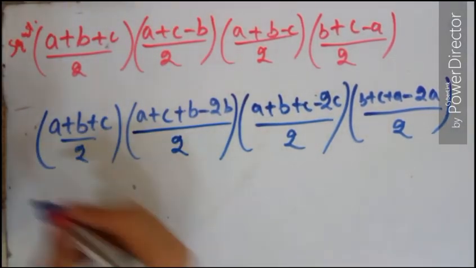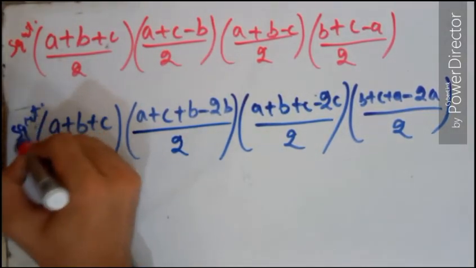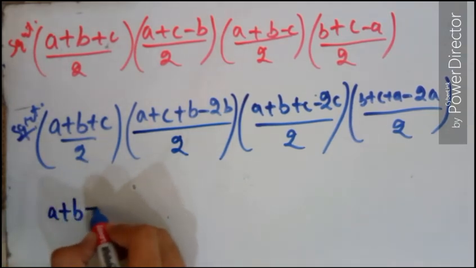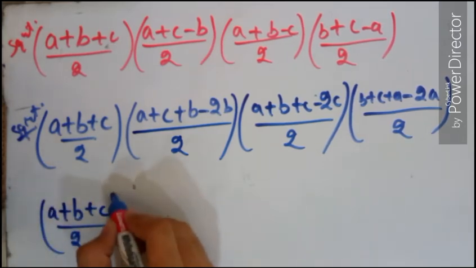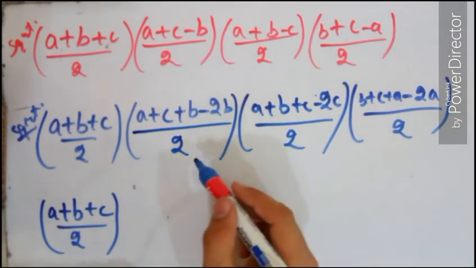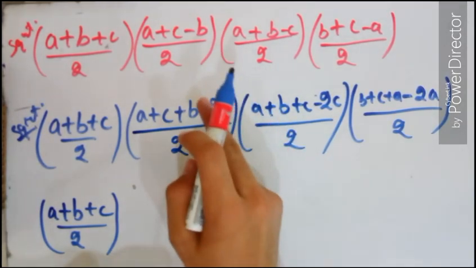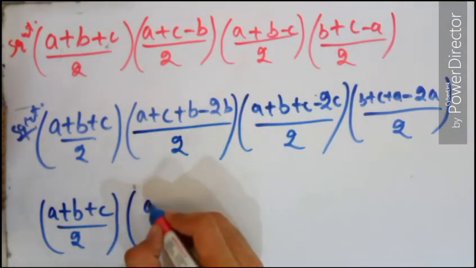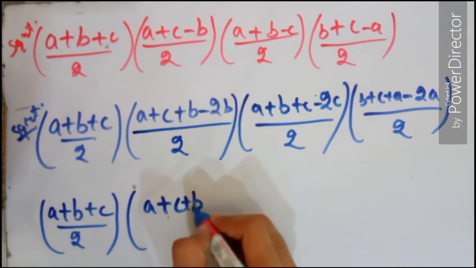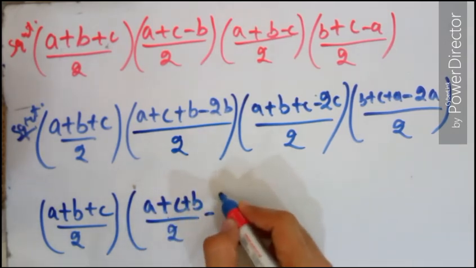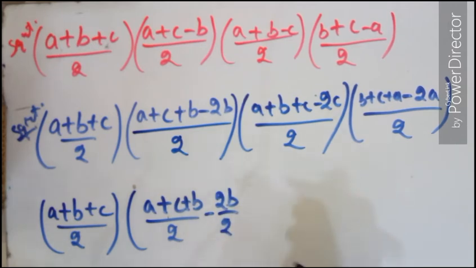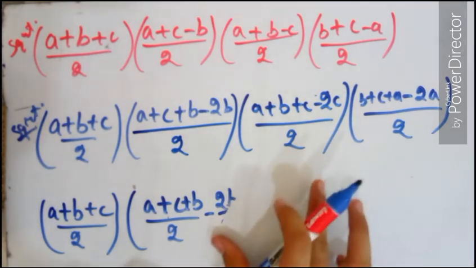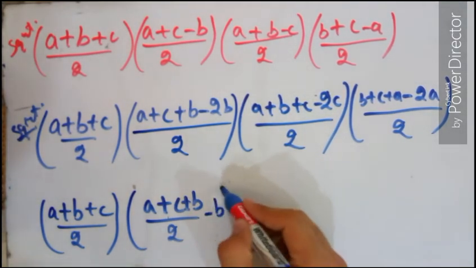And now this was under square root, and this is the same as (a plus b plus c) on 2 into, and now if I take this number apart from this fraction and make it separate, I could write it as (c plus b) upon 2 minus 2b upon 2, and this 2 is going to be cancelled with this 2, so for better I write this as minus b.